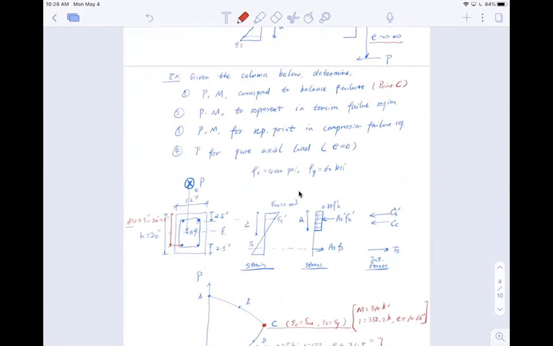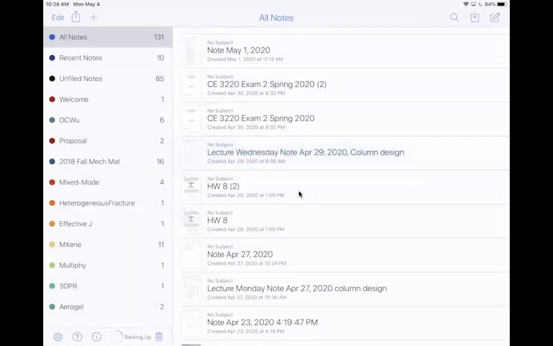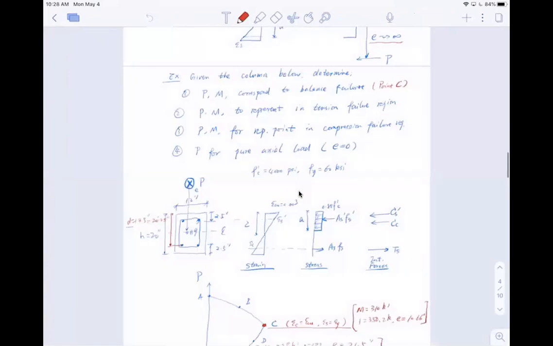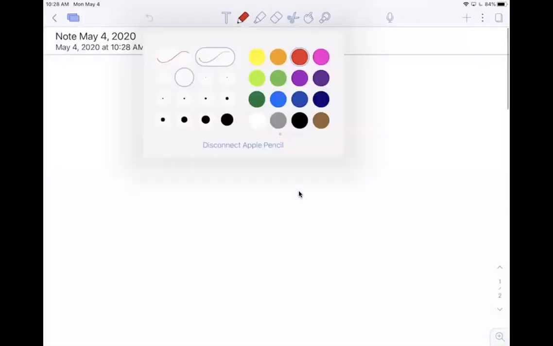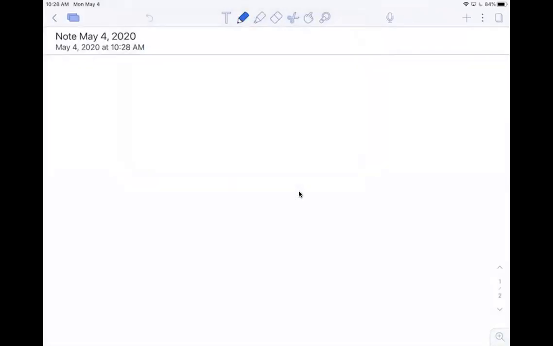Okay, so I'm going to pause a little bit on this and then come back. So first of all, let me open up a new slide. Okay, so let's talk about homework. Let me see if I can share the screen of the homework. Here we go.